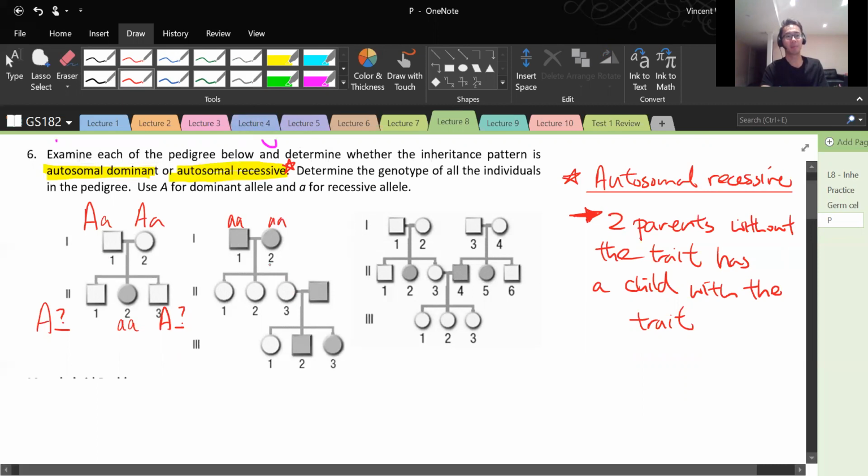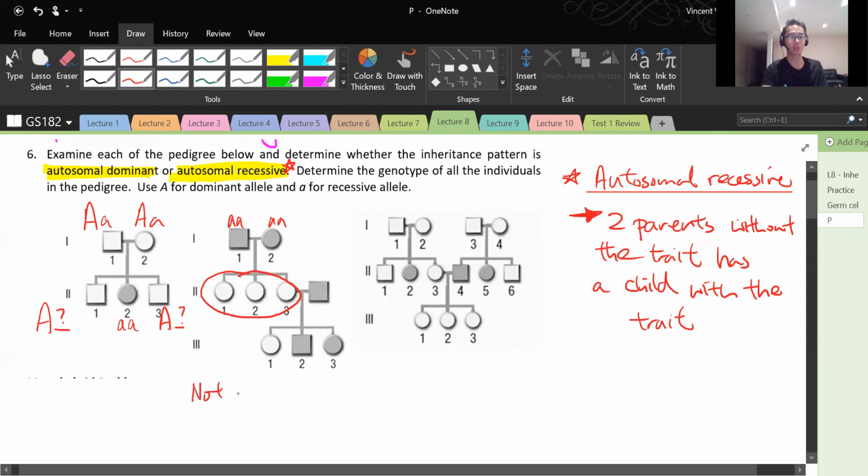But that wouldn't make sense, because if they're both small a, then all of the individuals here should also be shaded in, right? They should all be small a, small a. Because if the father and the mother only have the small a allele to pass on, then all of their children must also be small a, and we do not see that happening. So for that reason, it cannot be autosomal recessive.